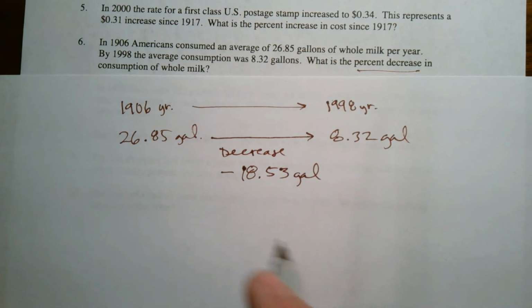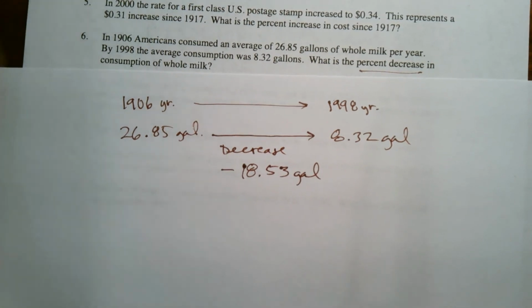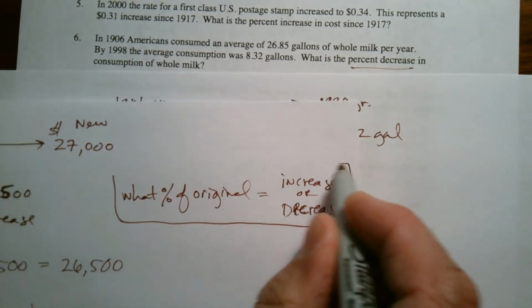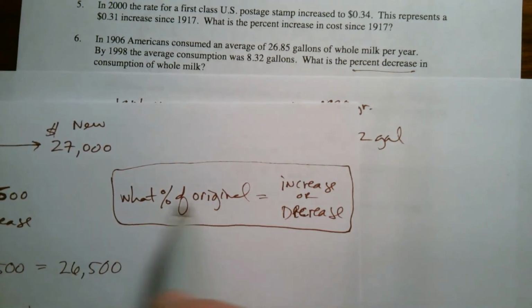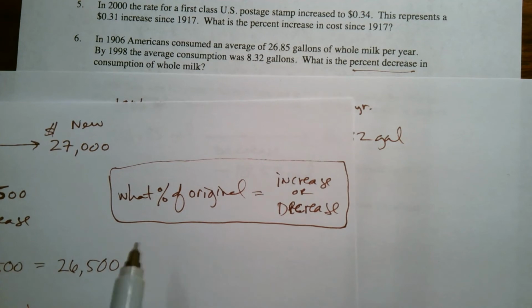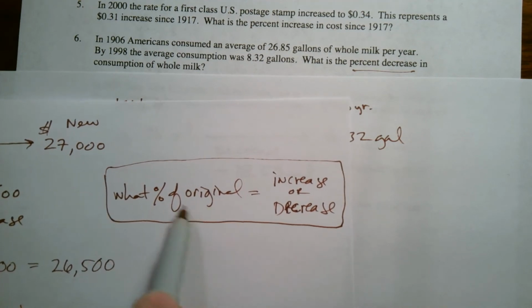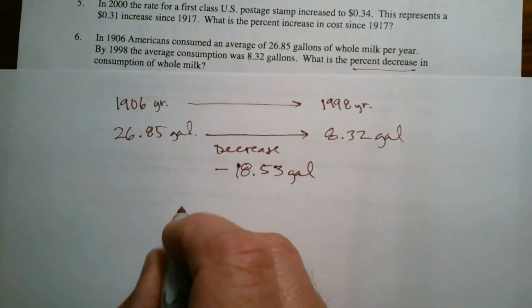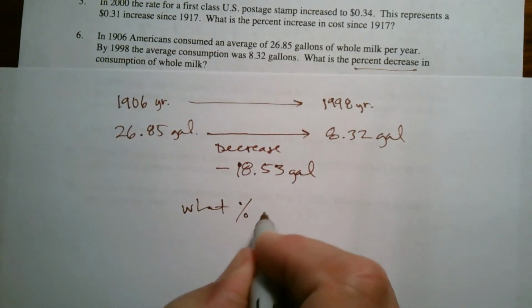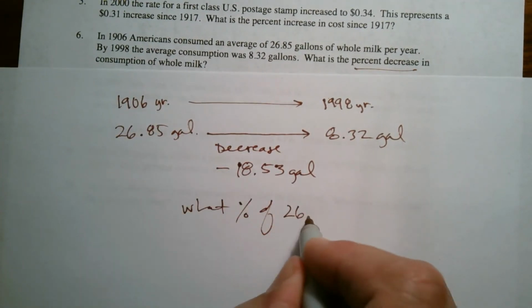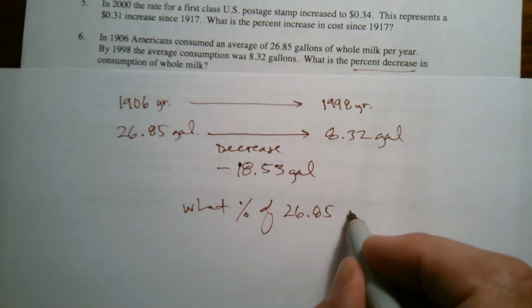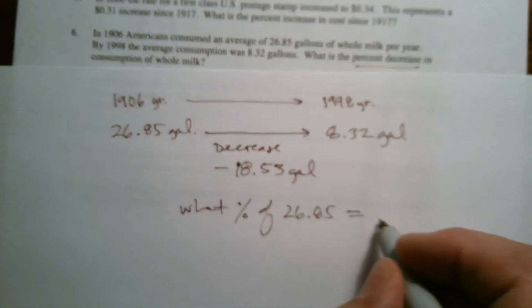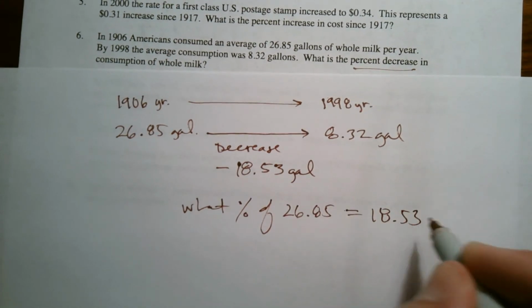So I go back to my standard way of finding this percent. I want to know what percent of the original is equal to, in this case, the decrease. So what percent of the original, which is 26.85 gallons, is the actual decrease, which is 18.53?